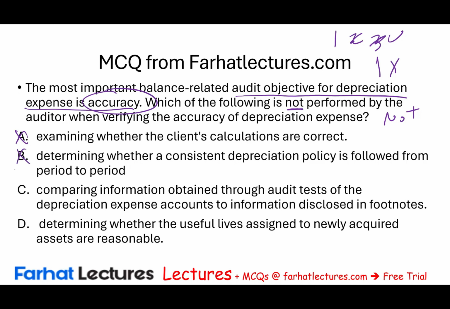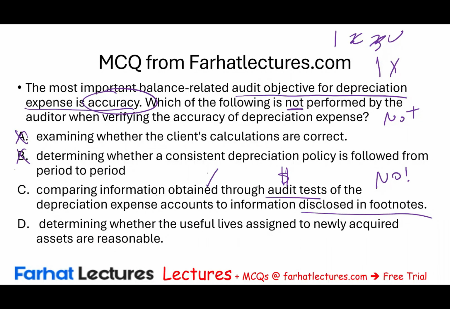Now we're between C and D. One of them is not performed. C: Comparing information obtained through audit tests of the depreciation expense account to information disclosed in the notes. So you did the computation and you want to make sure you compare it to what's disclosed in the notes. Do you have to do that for accuracy? No. Do you have to undertake the step? Yes.